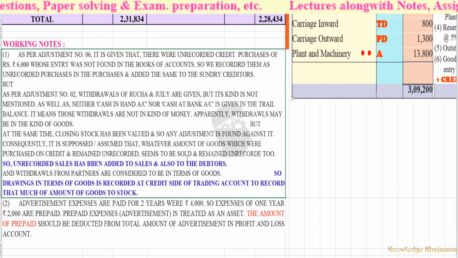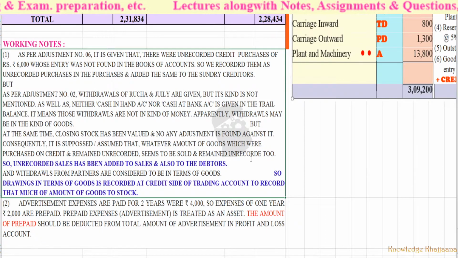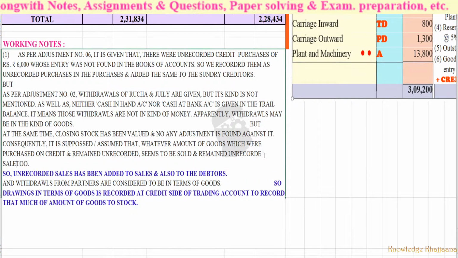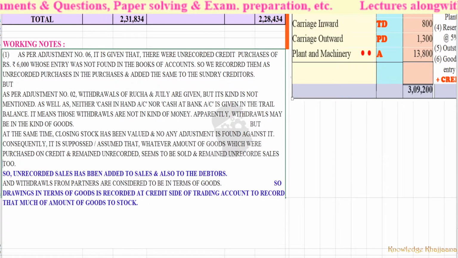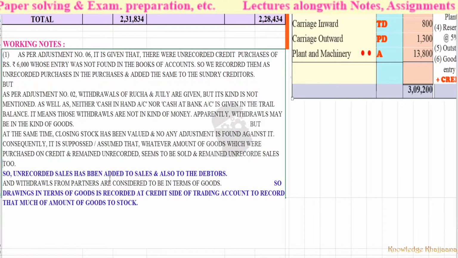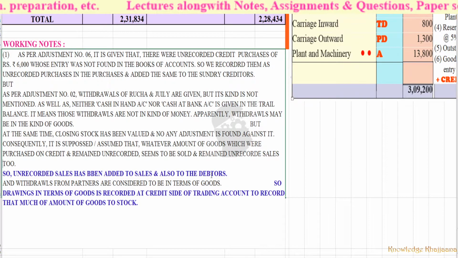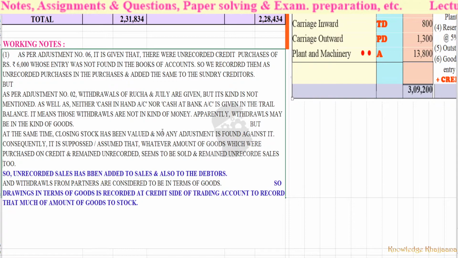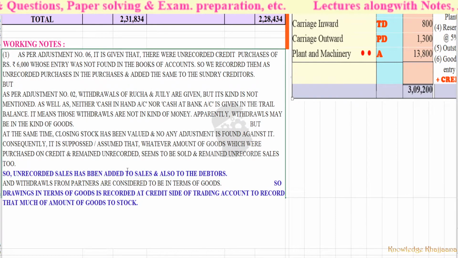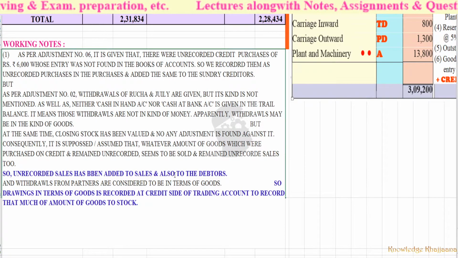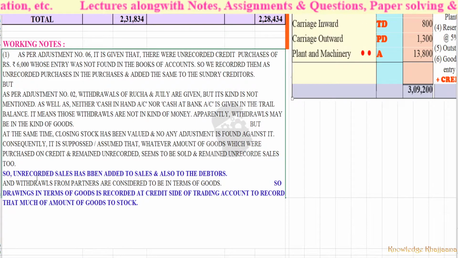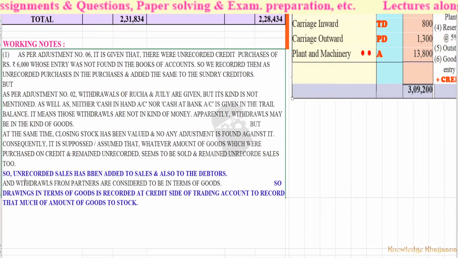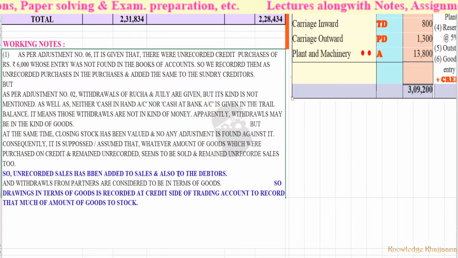It seems that those were sold also, and those remained unrecorded sales also. So, unrecorded sales has been added to sales and also to the debtors. That's why we added that much of unrecorded sales to the sales and that much to the debtors which were generated due to the credit sales. Why credit sales? Because as no entry is found, it means those must be the credit sales.